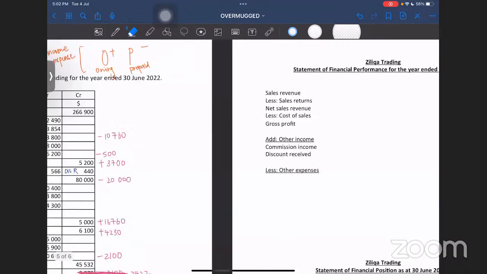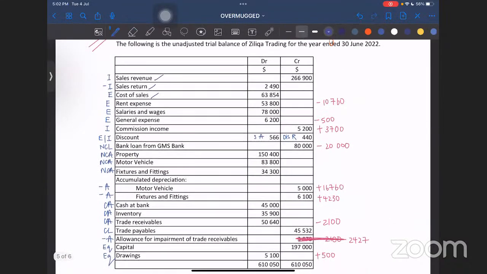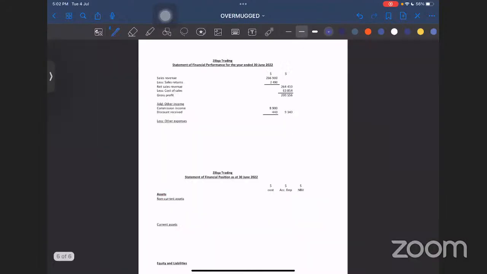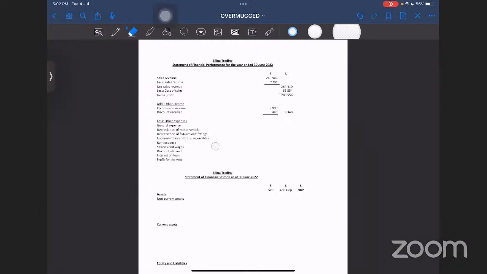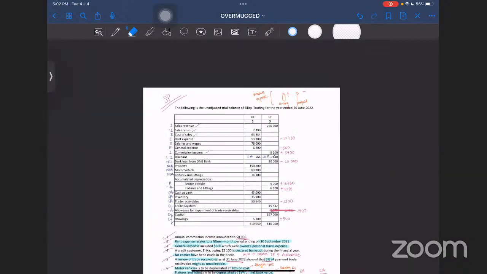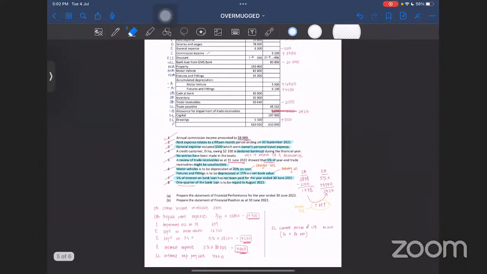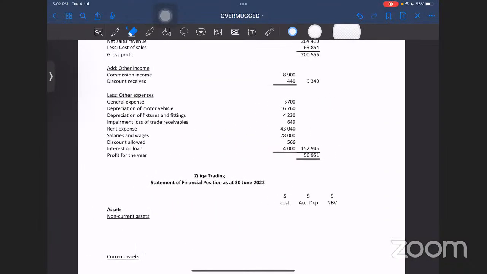Here, same thing, all the income is done already, right? I'll tick the incomes. And then the next section will be expenses. So my expenses, I will list them out. All the E's, I will copy and then paste here.